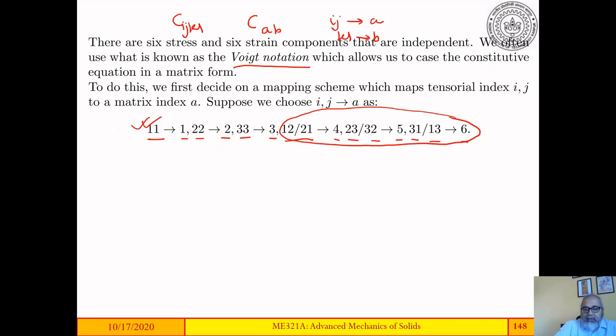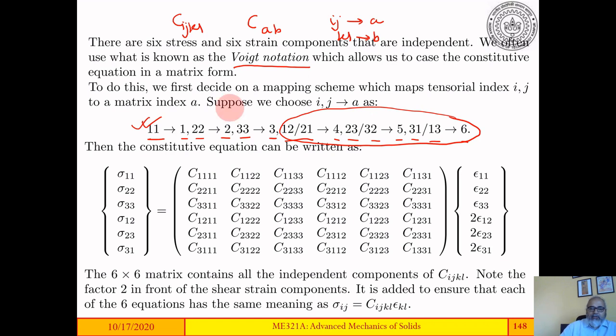If I do that, this is how the mapping will look. So for the C_AB, C11 is where IJ maps to 1 and KL maps to 1 as well. So C11 is C1111 of the tensor component.